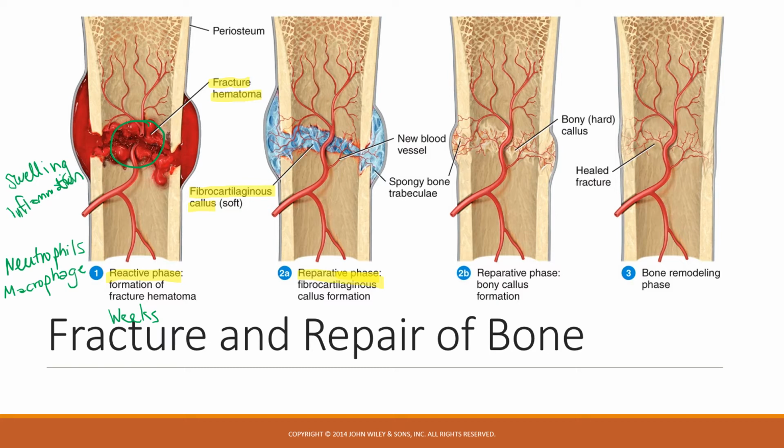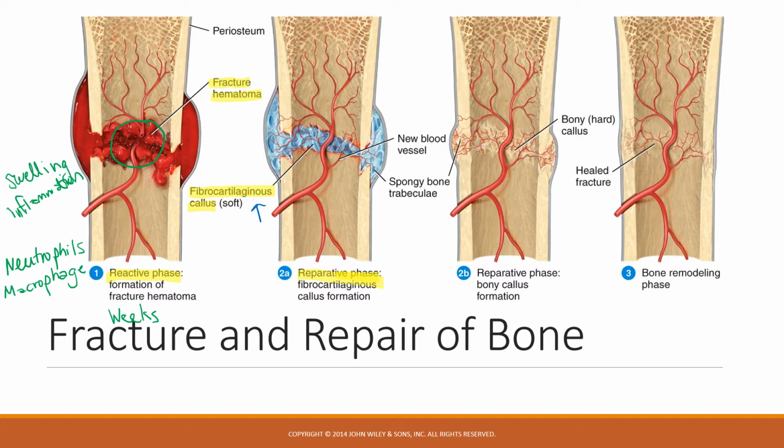Fibroblasts from the periosteum invade the fracture and start to form collagen fibers. You also have chondroblasts in the region. They start to form fibrocartilage, leading to the development of the fibrocartilaginous callus. So this is developed from chondroblasts in the area.